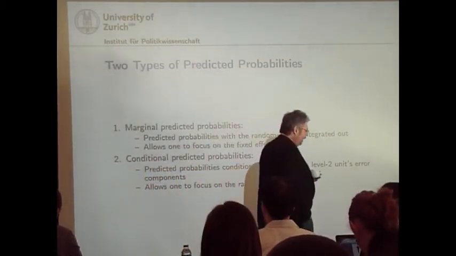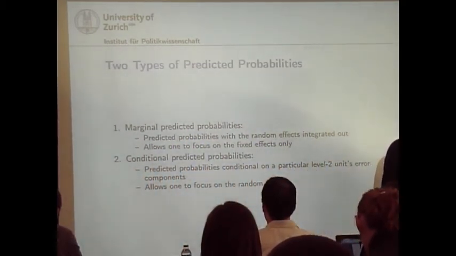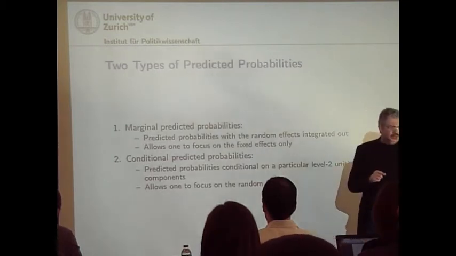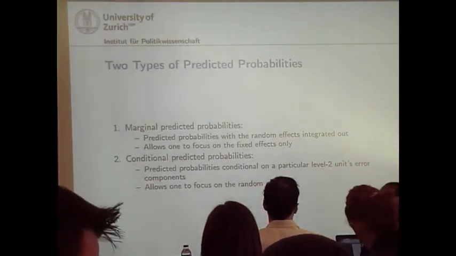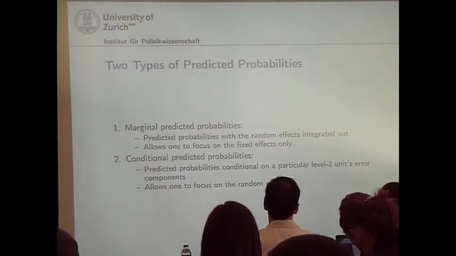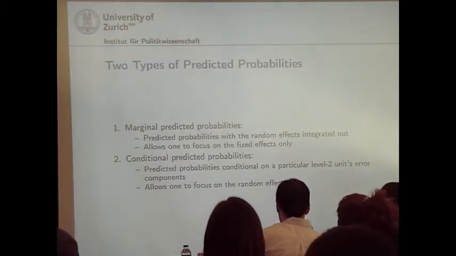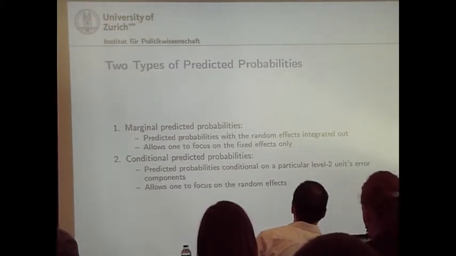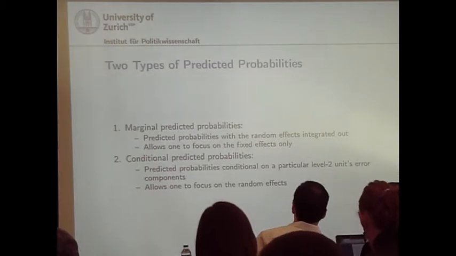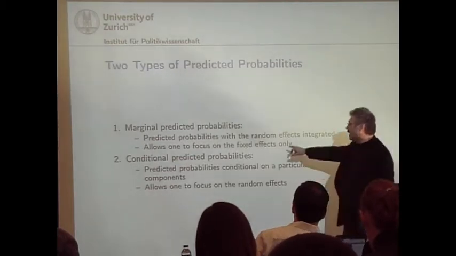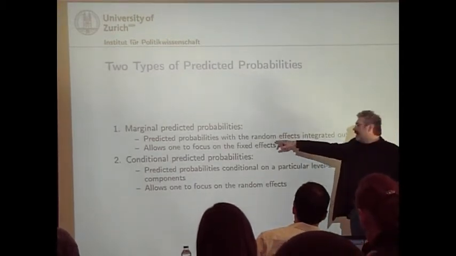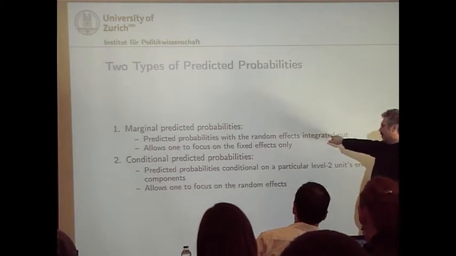And what we're doing is, in a sense, obtaining a marginal distribution, just the way you would obtain a marginal distribution in any probability setting, that is by integrating out the other source of variation in the one that you're interested in. In this case, because you're only wanting to look at the fixed effects, you're integrating out the random effects.